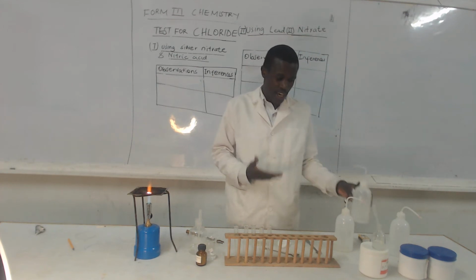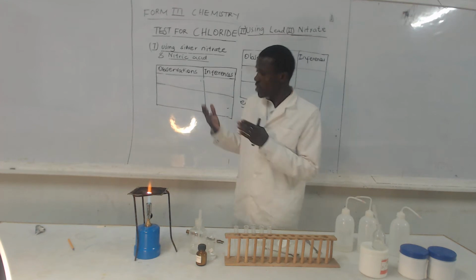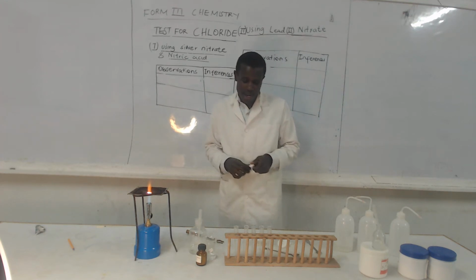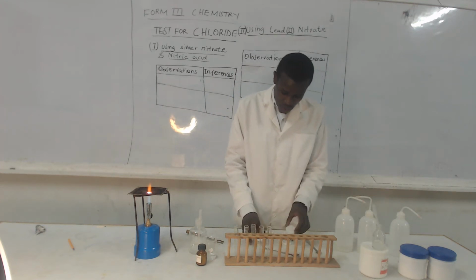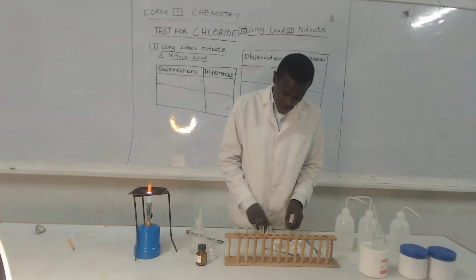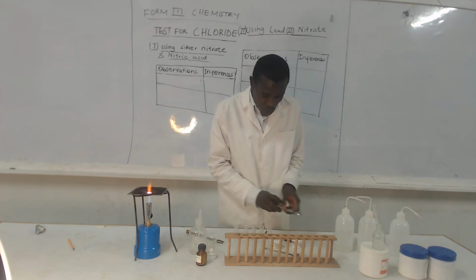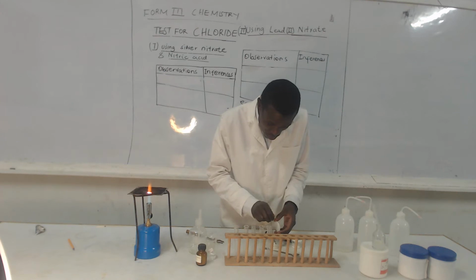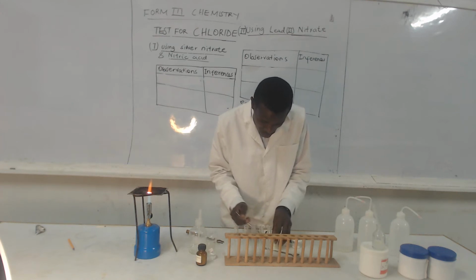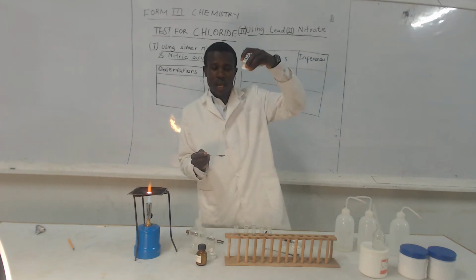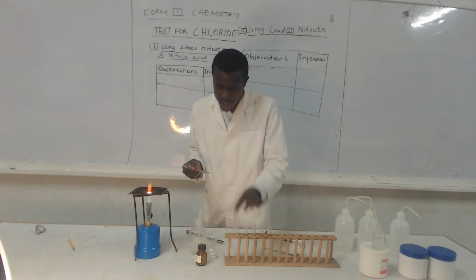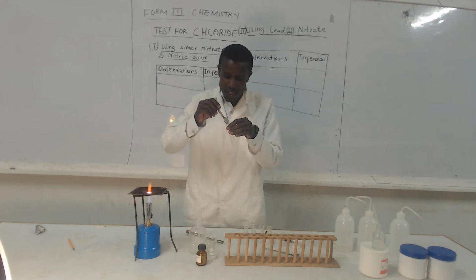How can we do the experiment to confirm the presence of chlorides? The first thing you do, students, as I'm beginning with the first procedure, is to take a sample from the substance given, and then you put it in a test tube.